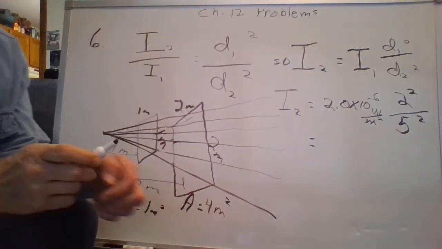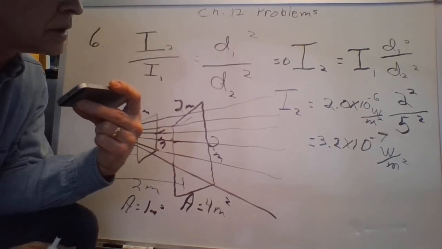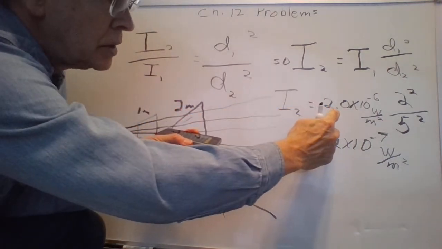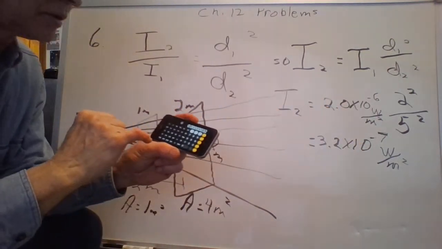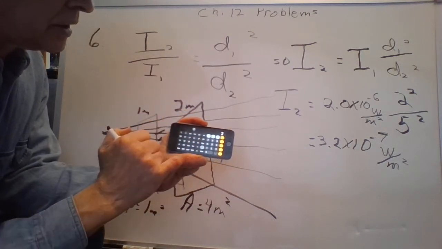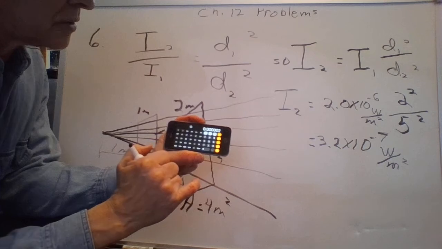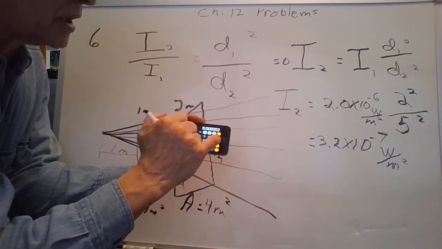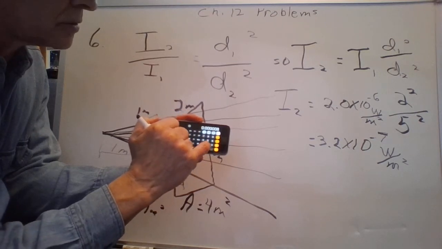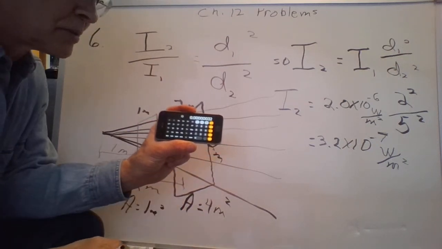So there we go. Give me a second to punch that in. There we go. I punched it in. And of course you hit 2 exponent, enter exponent on the calculator if you know how to do that. 2 EE, then -6, and of course that gives you that very small number, and then you multiply times 2 squared is 4, divide by 5 squared is 25, and you get 3.2 times 10 to the -7th.